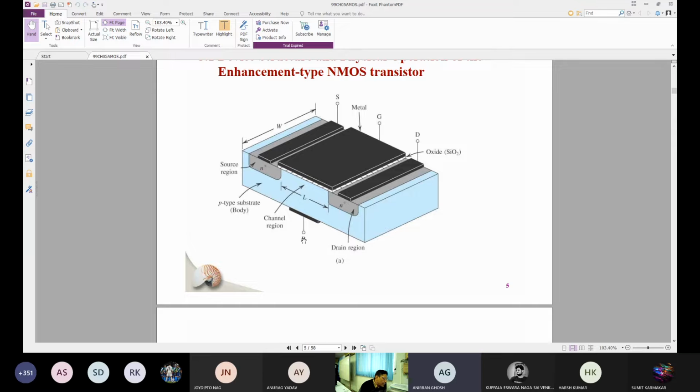The requirement comes from the fact that you have to ensure that this PN junction, this is N plus, this is P region, this source body or the drain body junction has to be kept under reverse bias under all conditions. This is an essential condition.